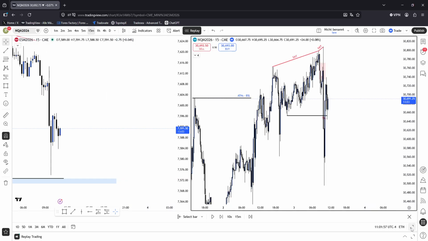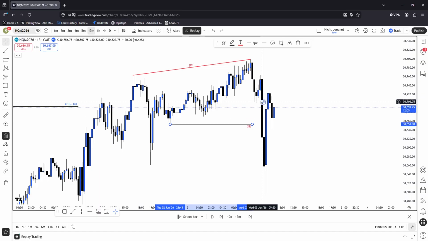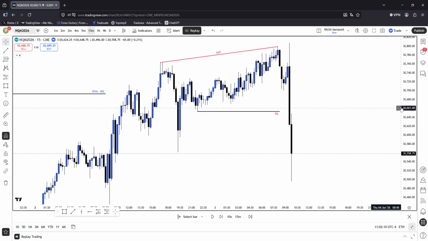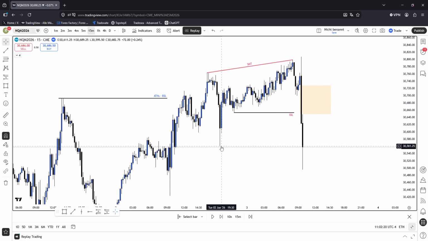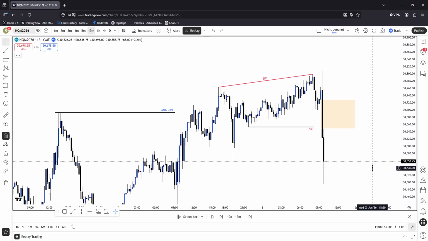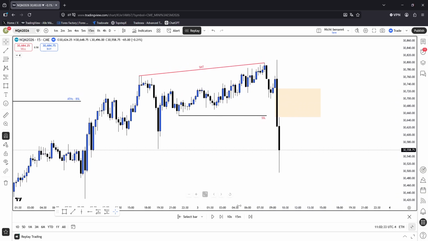So my idea was to wait for retracement into this nice fair value gap here. I didn't really care that we took this one out because of what I've just told about ES, I wanted to see us get retracement here and then some confirmation to the downside.